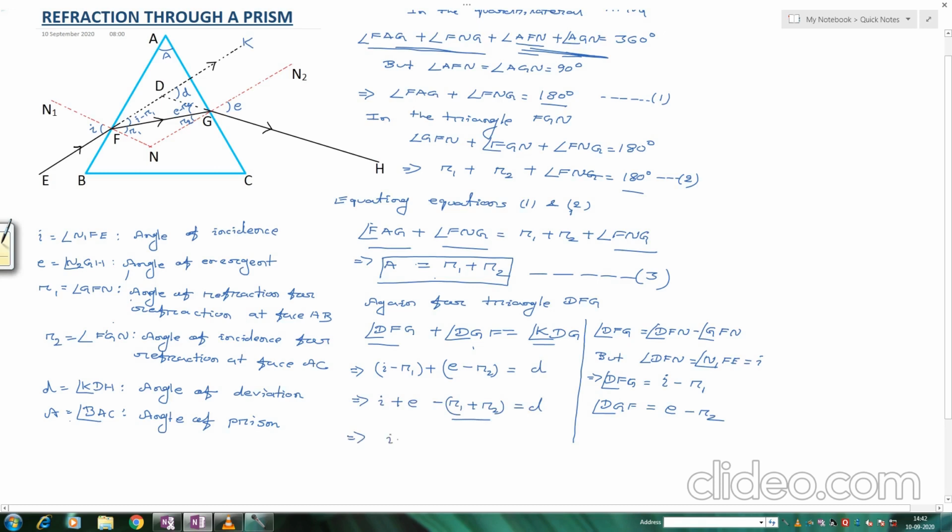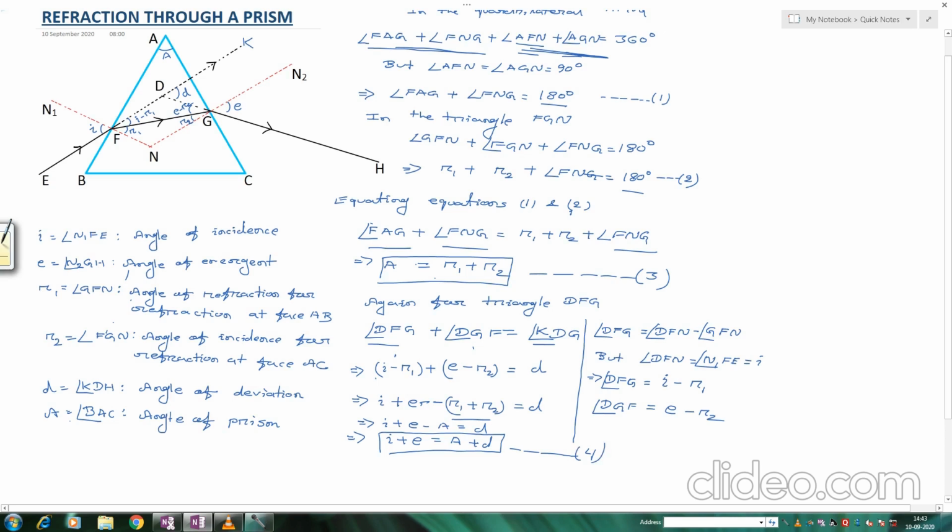So I plus E minus A is equal to D. So I plus E is equal to A plus D. This is the relation between angle of incidence, angle of emergence, angle of deviation and the angle of the prism. This is equation number 4.